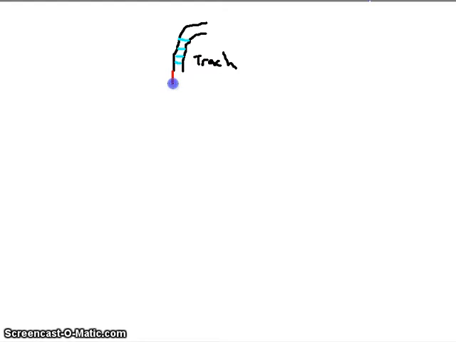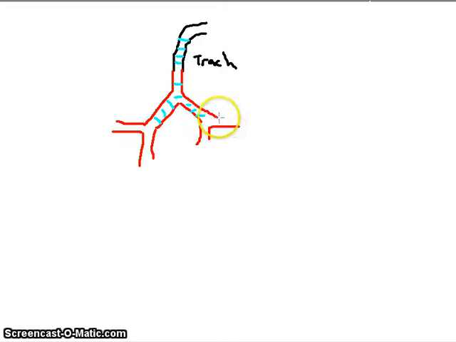Then from the trachea extend the bronchi, two bronchi. These bronchi also present cartilage. The bronchi in their turn will give rise to the bronchioles.